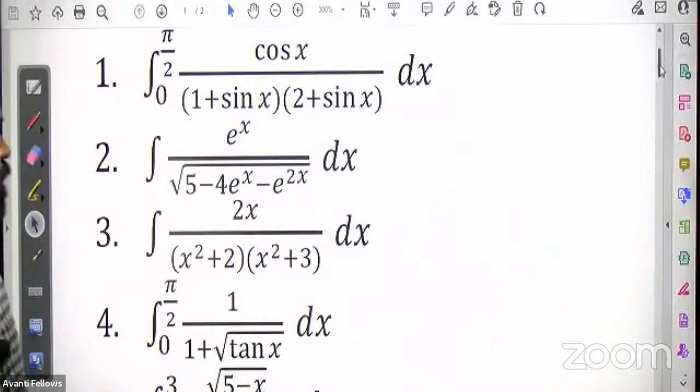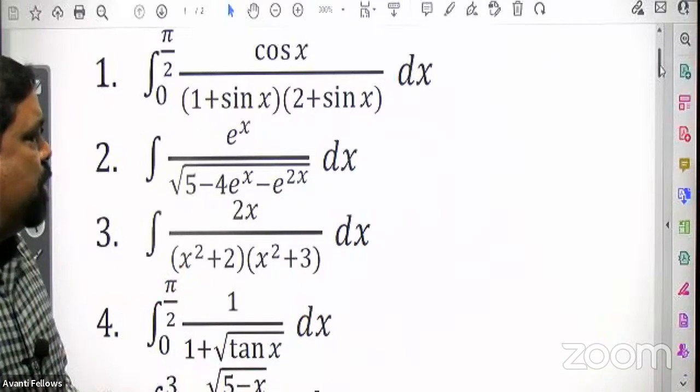I have a collection of problems from integration.